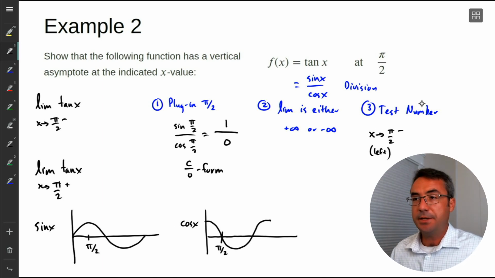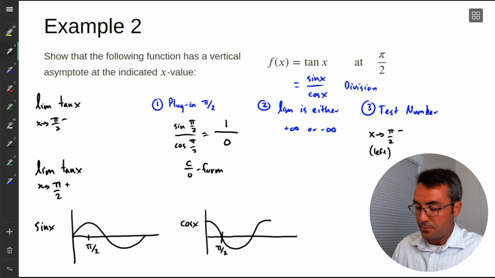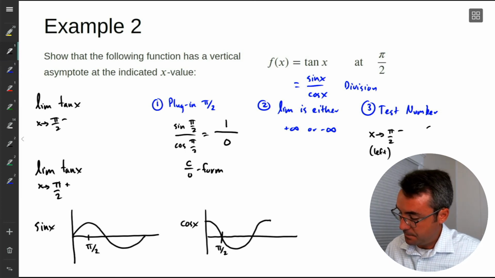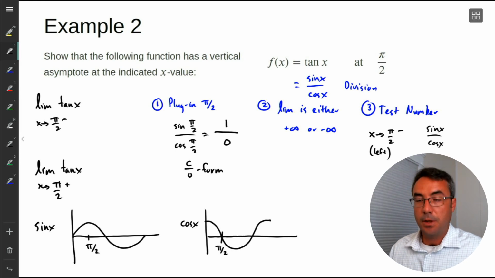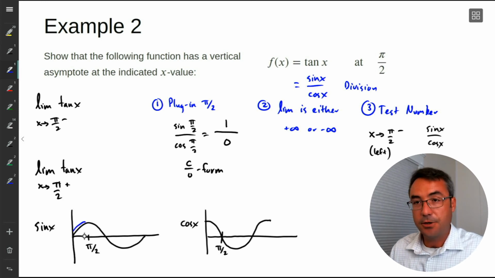So when we're talking about a test number, when x is approaching pi over 2 from the left, if we're thinking of sine over cosine, well, let's look at what's happening on the left side of the sine curve to the left of pi over 2. So to the left of pi over 2, we're above the horizontal axis.